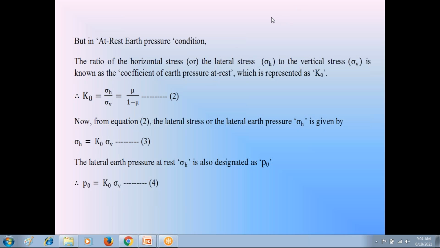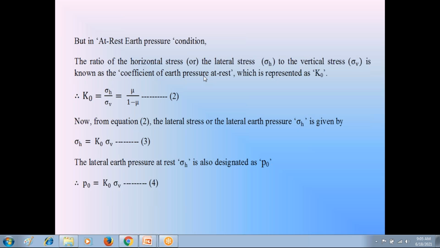First time, dear students, you are exposed to another important coefficient in geotechnical engineering, that is the coefficient of earth pressure. In geotechnical engineering, the ratio between the horizontal stress sigma h to the vertical stress is known as the coefficient of earth pressure.